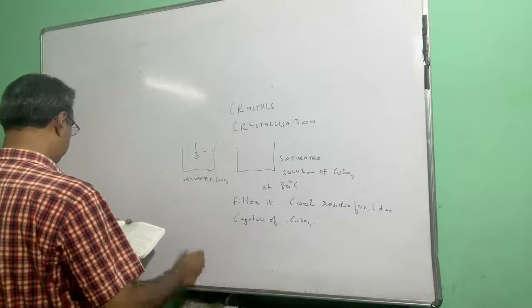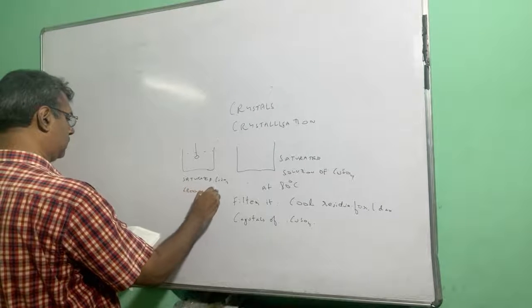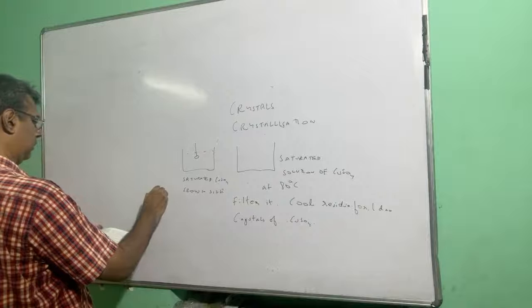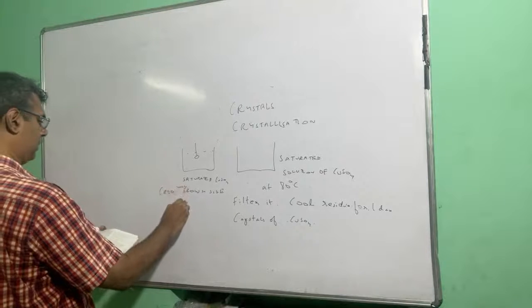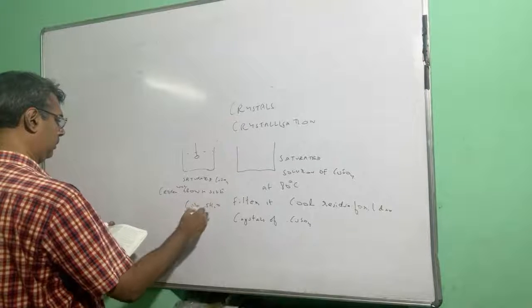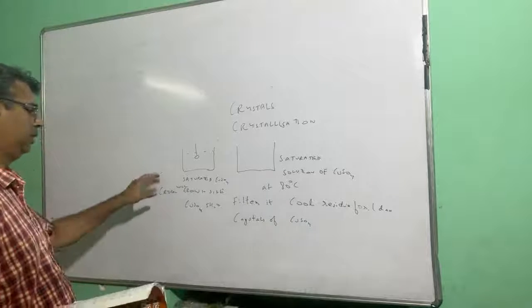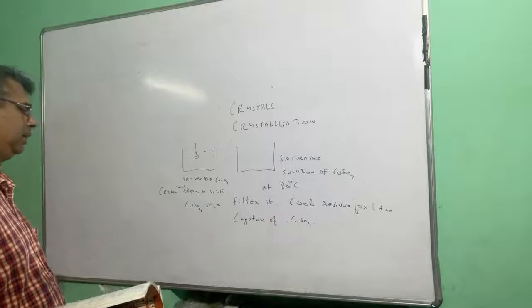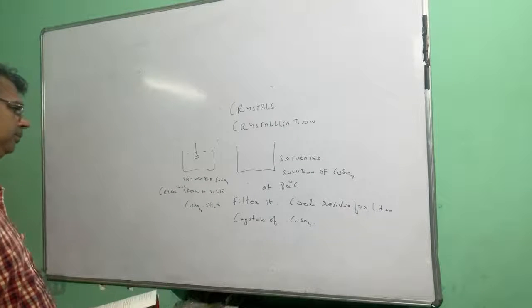So you will find that the crystal will grow in size, and that growth in size will be because the crystal will get hydrated. It will become copper sulfate dot 5H2O.